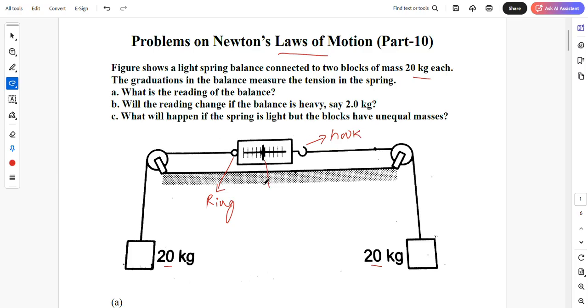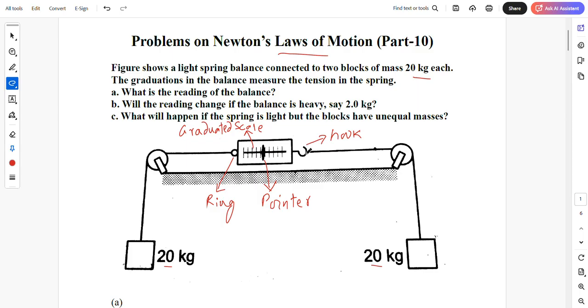This is the pointer. And this is called the graduated scale. The graduations in the balance measure the tension in the spring. What is the reading of the balance?